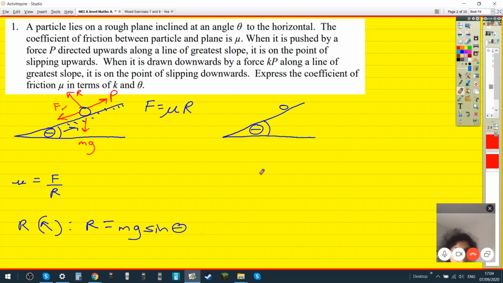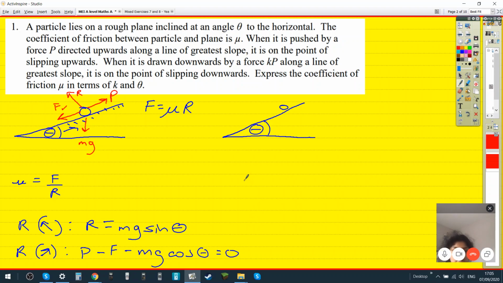And then, wouldn't F just be equal? Oh no, it wouldn't. So P minus F minus mg cos theta is equal to 0.